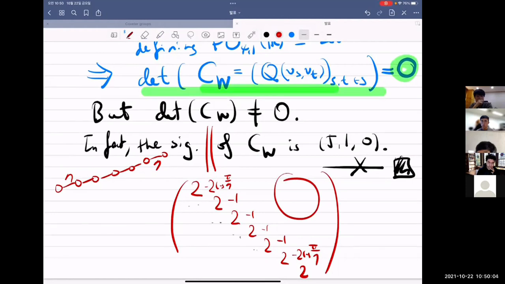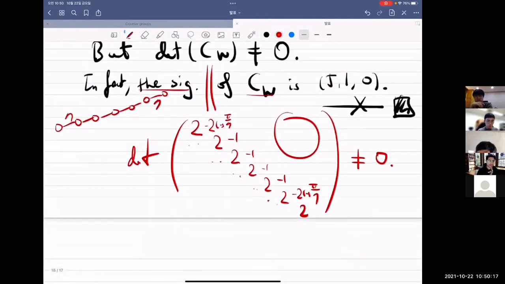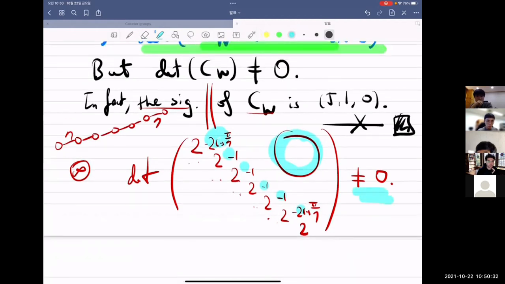Then I computed the determinant; we can even compute the signature, but in any case the determinant is non-zero. Because there is no infinite label, there are no other choices. It should be these numbers, and here is the 0. So we can easily conclude that this is non-zero, and we are done.